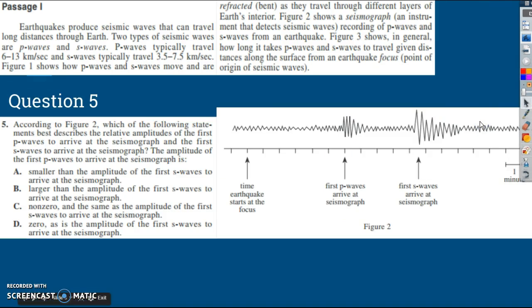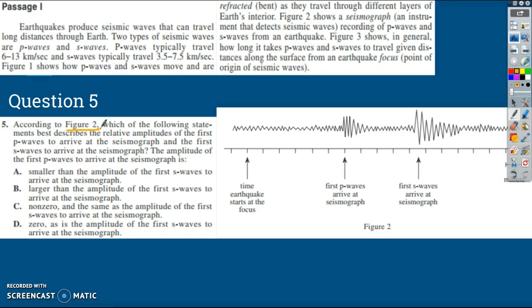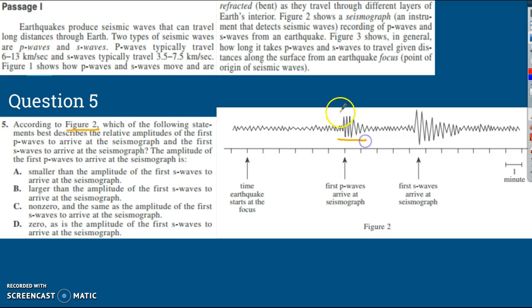All right, last question. According to figure 2, which of the following statements best describes the relative amplitudes of the first P waves to arrive at the seismograph and the first S waves to arrive at the seismograph? P waves we said are smaller than those S waves.